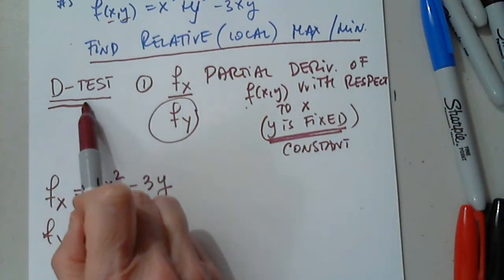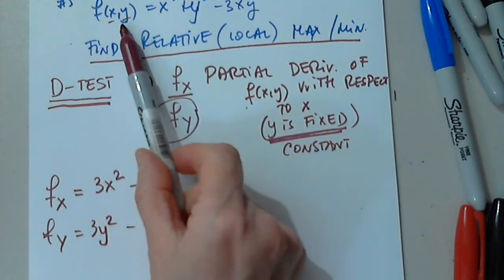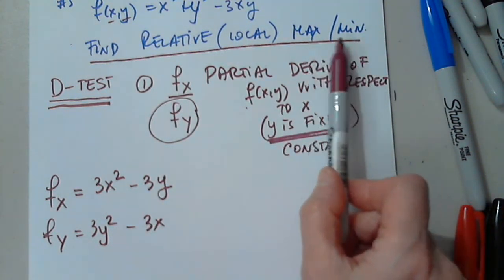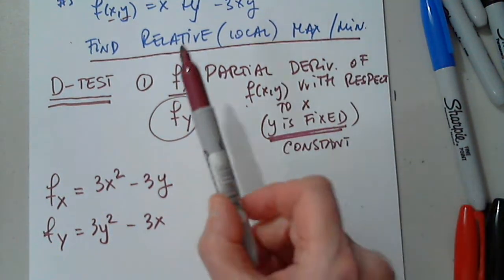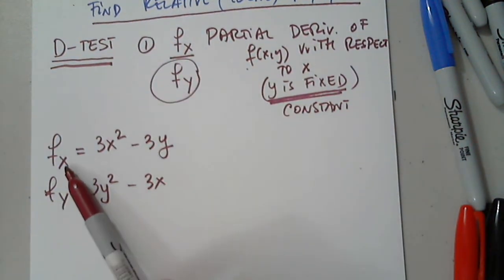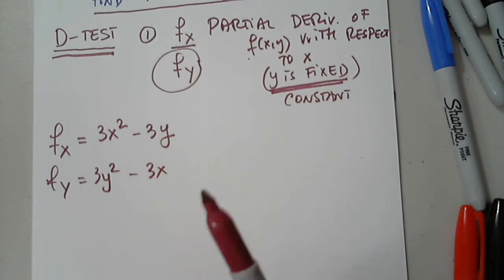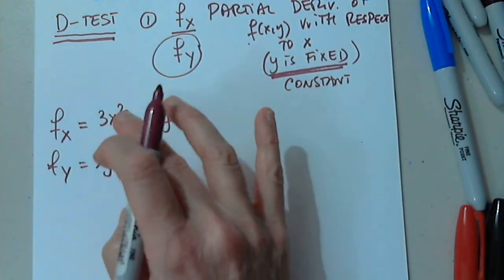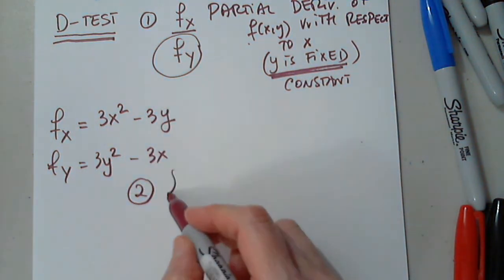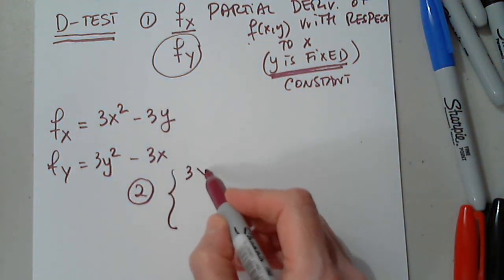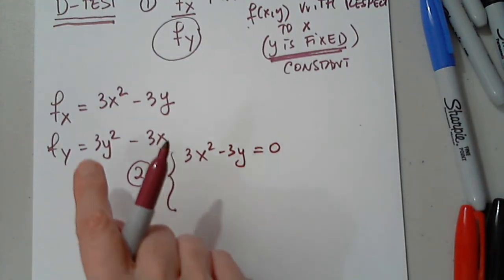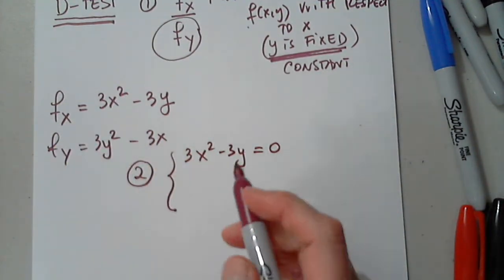So for the d-test, which will tell us whether this function has a max or a min or both or none of the above, our first step is to determine fx and fy. We did. In step 2, we have to set these two equal to 0. We create a system in which 3x squared minus 3y is set equal to 0, which means fx is 0 and fy is 0.